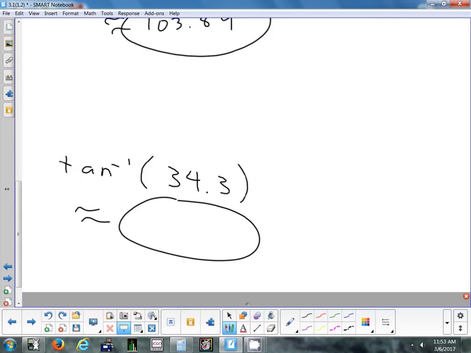Can you try that one, just to tell me what you get? 88.33. Anybody else get 88.33? What should be my label on it though? Degrees. 88.33 degrees. Questions on how to do inverse sine, inverse cosine, or inverse tangent?